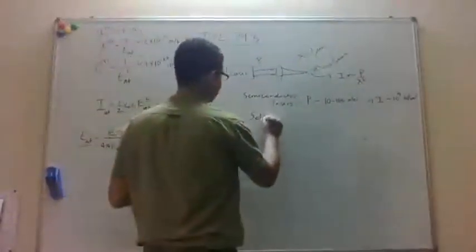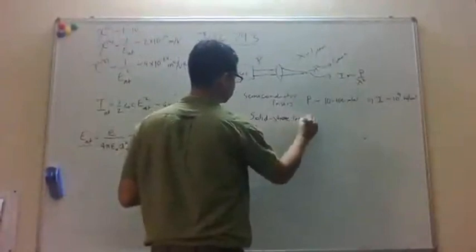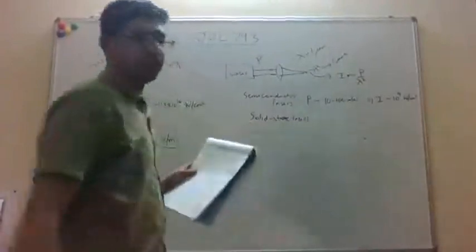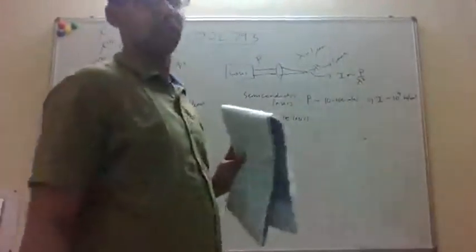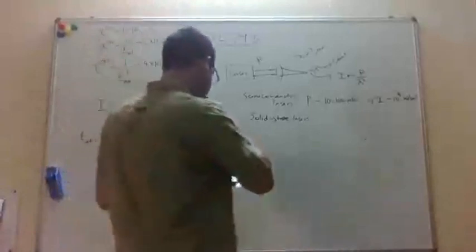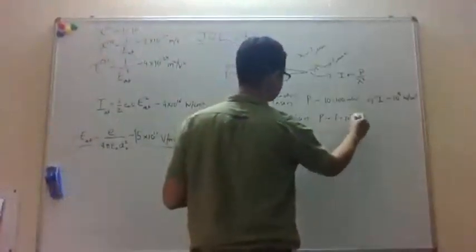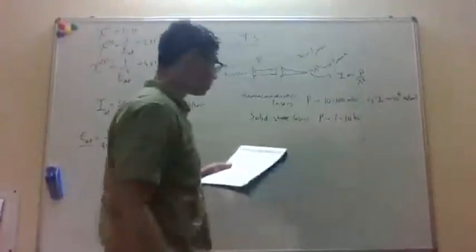Then there are bigger solid state lasers. Right, so Nd:YAG or titanium sapphire, if you've heard of these materials, they can give higher power, so in the watts range, 1 to 10 watts, let's say.